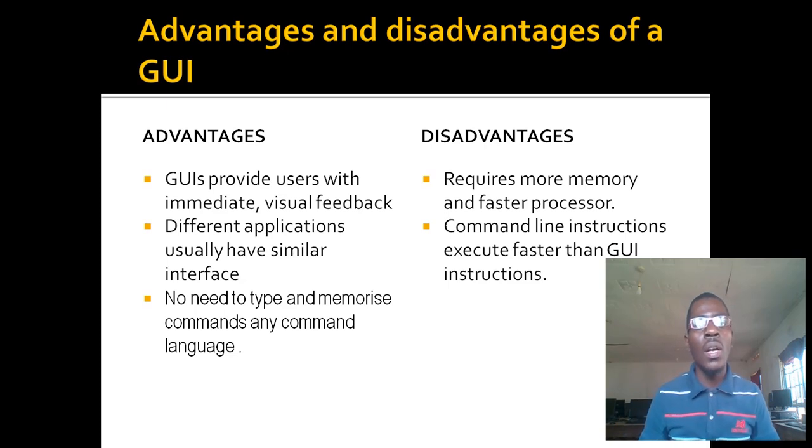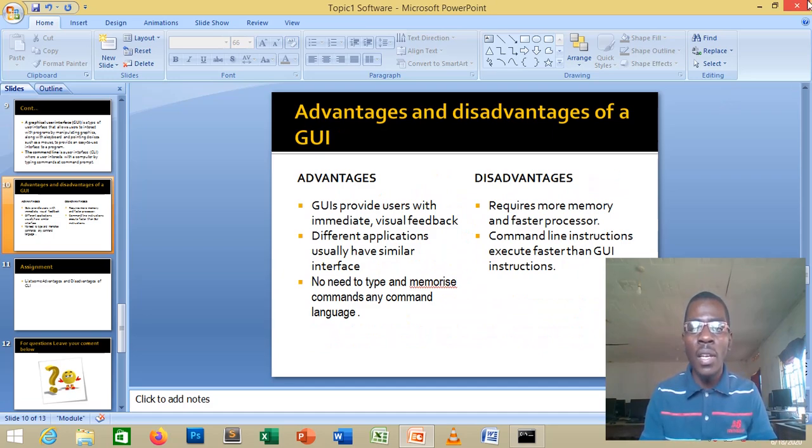Then let us go ahead and look at some advantages and disadvantages of a graphical user interface. Advantages: one is graphical user interface provides users with immediate visual feedback. For example, if you want to open a file, you just double click on that file and you will see the feedback immediately without waiting for long.